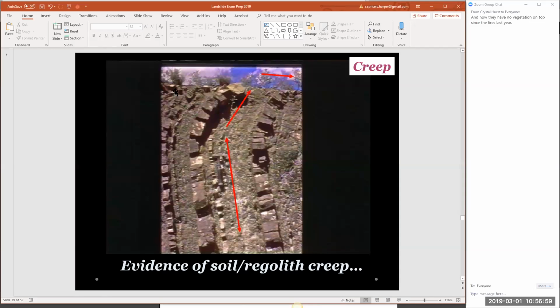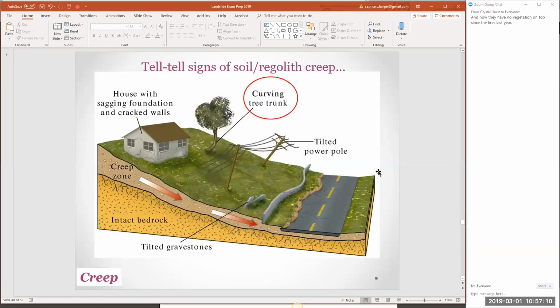I like this one. The top's moving downhill slowly to the point that it's moving the very top of these beautiful layers of earth. The telltale sign is all of these, but I like the curved tree trunk the best, and that's the one it mentions on the exam.